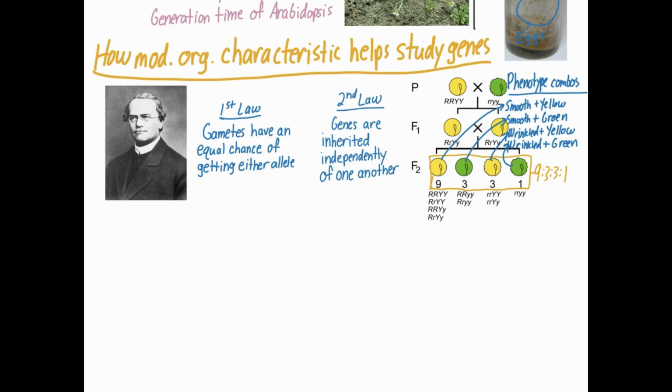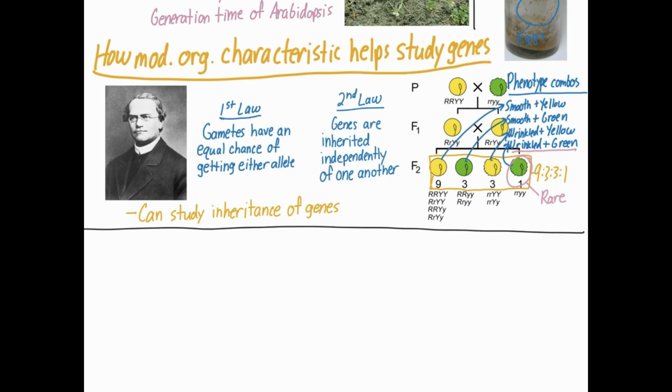If he only got like 5 offspring from a cross, this rare offspring type might not have appeared, and this would have confounded his experiment. Mendel grew and observed thousands of offspring in order to rigorously test his hypotheses. So having lots of offspring is important for studying how genes are inherited.